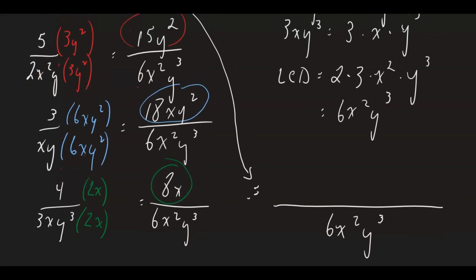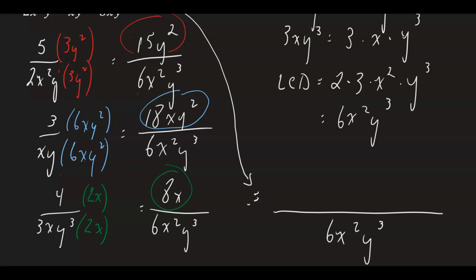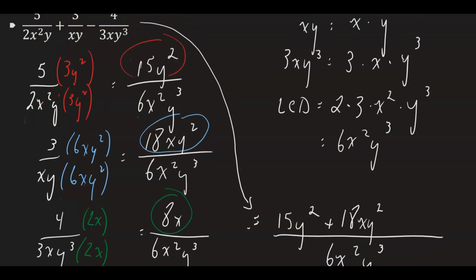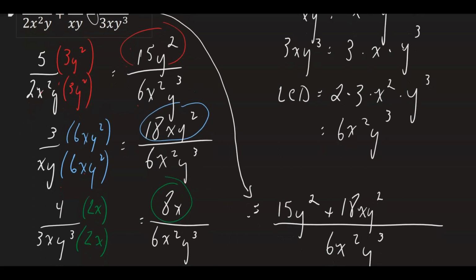We've got 15y squared plus 18xy squared, and actually subtraction, so I missed that. We should probably put that like that, so we get that there, and we get minus 8x.